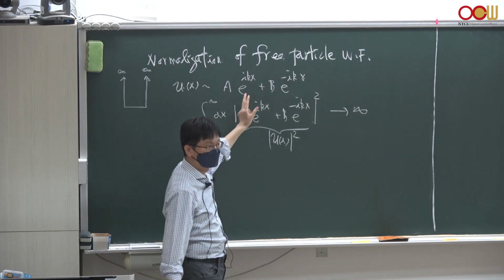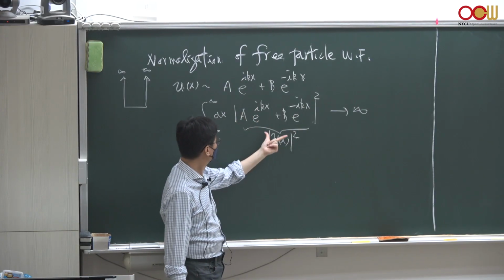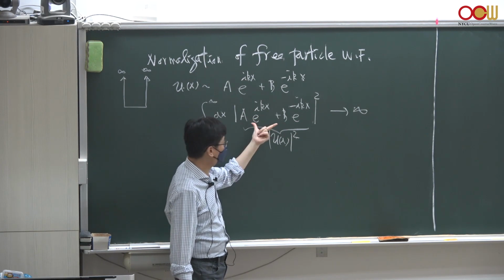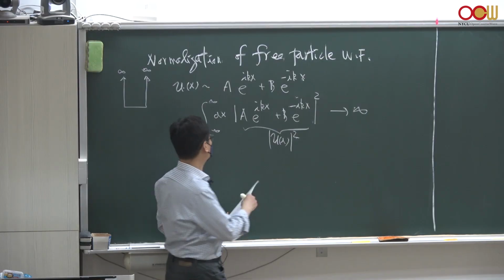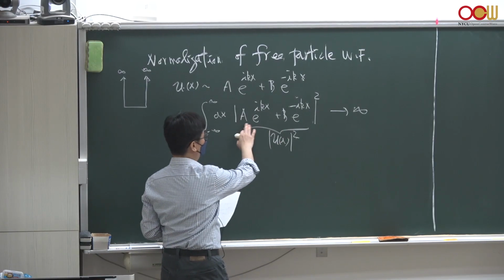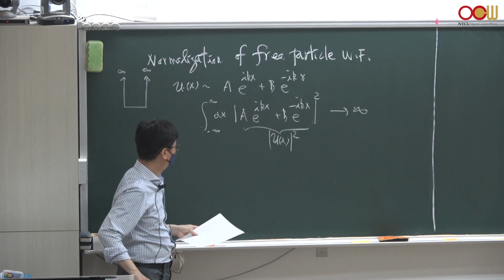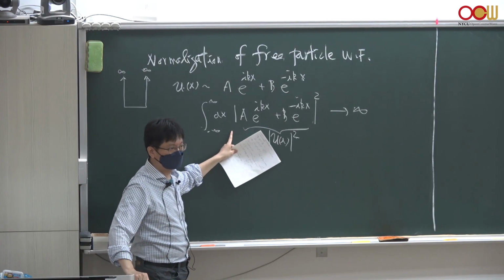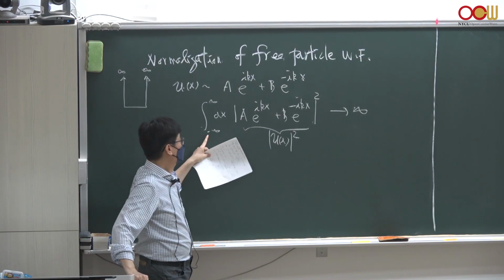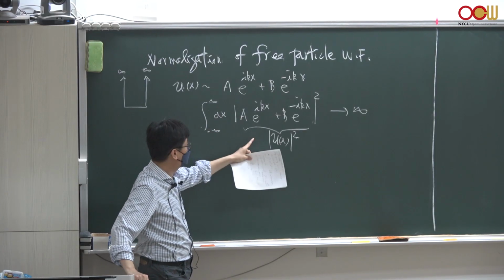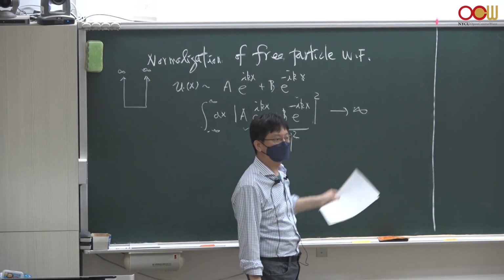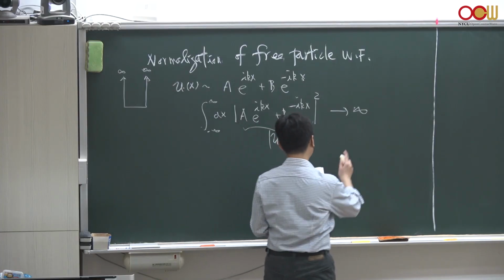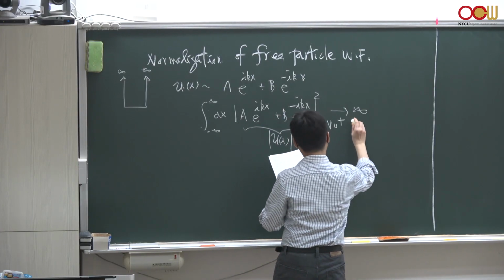If you take the square of the magnitude of u of x, you get simply a squared plus b squared plus a times b, and so on. So these are just constants, right? And if you take the integral over the entire space of this constant, you immediately run into trouble because this is infinity. So this is not square integrable.